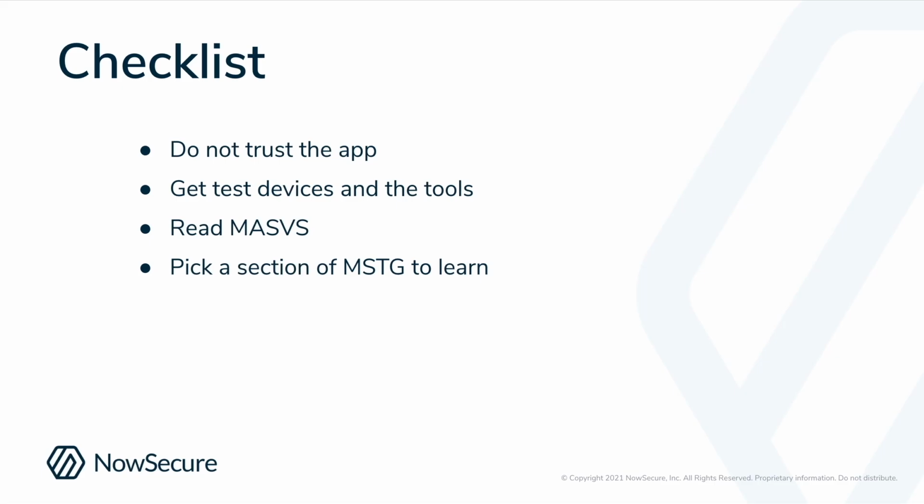So the last thing I want to leave you with is a checklist. You're coming to the point where you've likely gone through these videos and listened, and now you're thinking, well, now I have to go out into the real world and test mobile apps, or create a policy, and actually implement everything I watched. So my tip to you is to start off real simple. Think about these MASVS docs and this MSTG doc, because they really are useful depending on what you're doing.